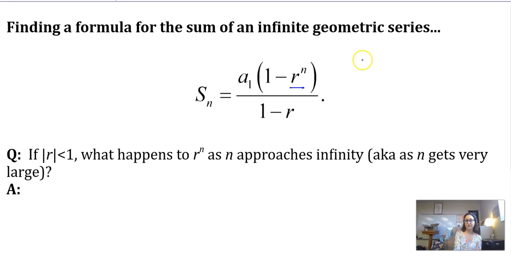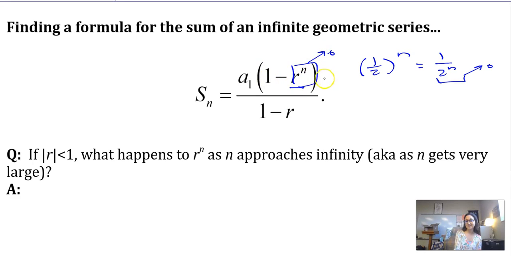Well, if I have 1/2 to the n, this is the same as 1 to the n, which is 1, over 2 to the n. So bigger on top, bottom, or same? Bigger on bottom, right? And so this whole term is going to go to 0. So this piece here, when r is between -1 and 1, and n is going to infinity, this whole term goes to 0.